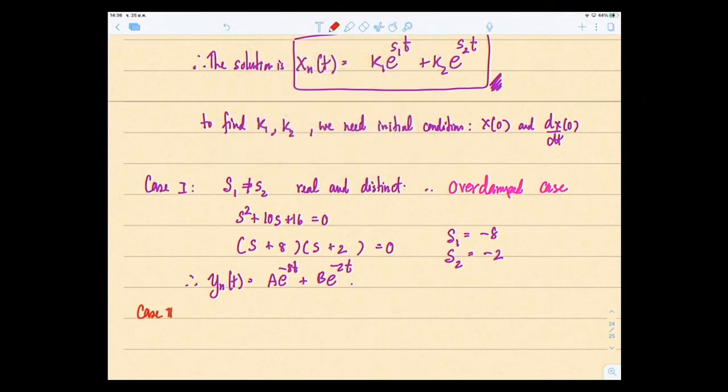Okay, now case 2. In case 2, if your s1 and s2 are equal, both of your roots are equal, we say that this is a repeated root.